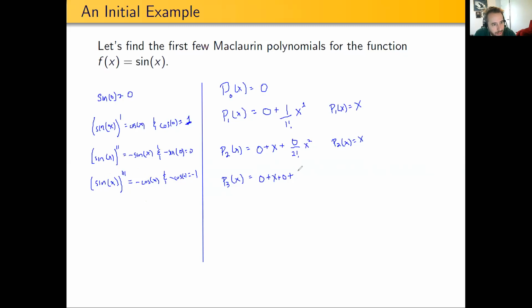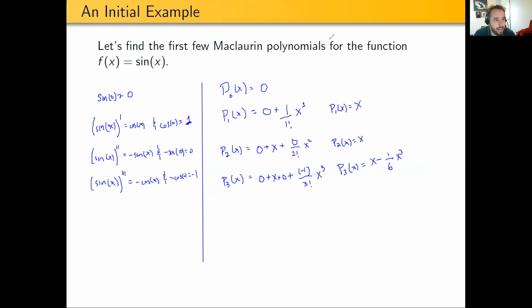So that will end up being negative 1 over 3 factorial times x cubed. And so that can all simplify down. P3 of x equals x minus 1 over, now let's think, 3 factorial is equal to 6, 3 times 2 times 1, times x cubed.